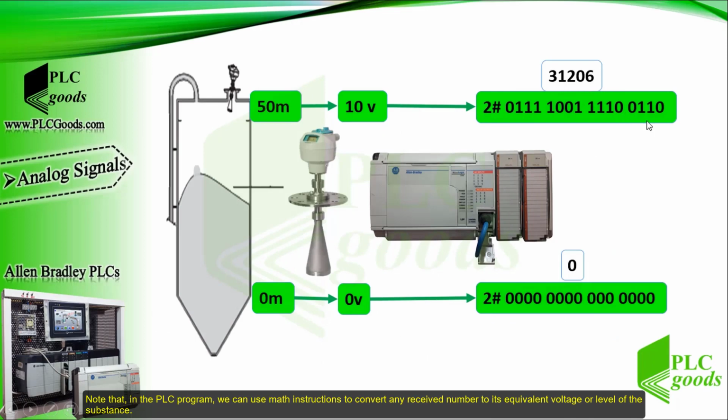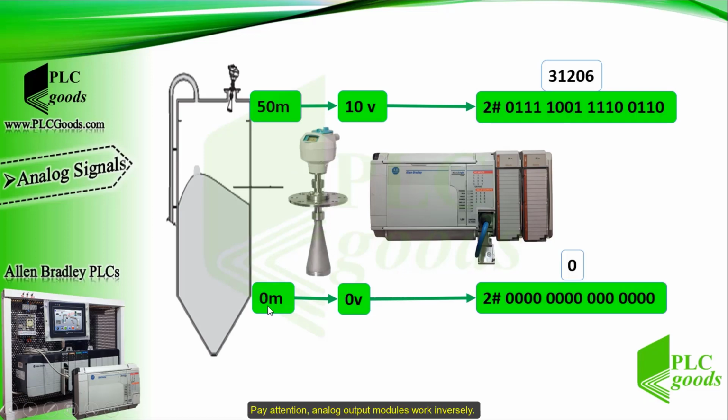Note that in the PLC program, we can use math instructions to convert any received number to its equivalent voltage or level of the substance. Pay attention, analog output modules work inversely. PLC sends a number to an address of its analog output module to generate a suitable voltage or current.